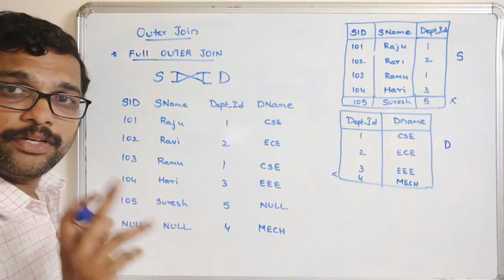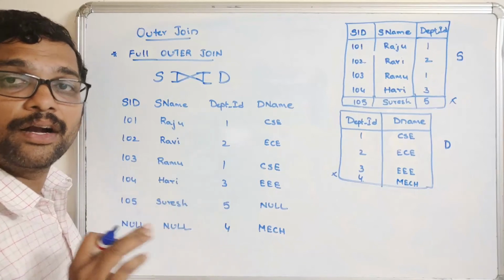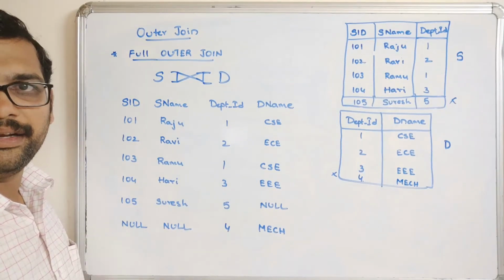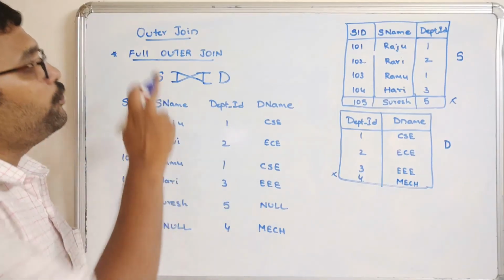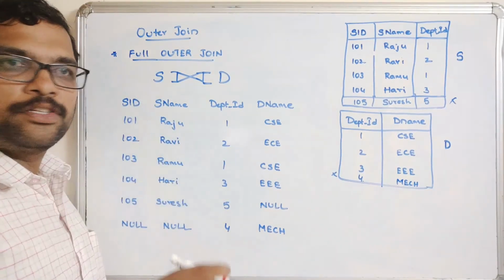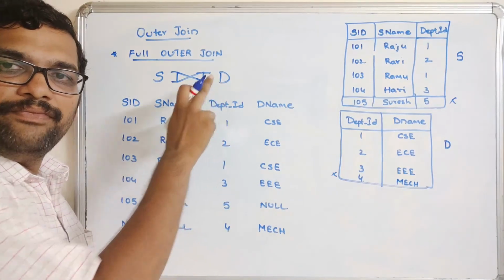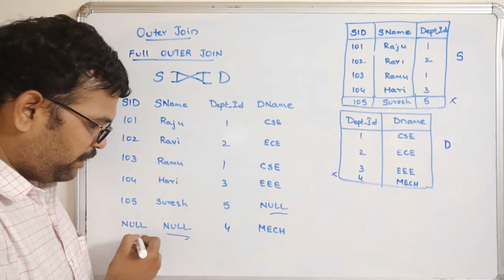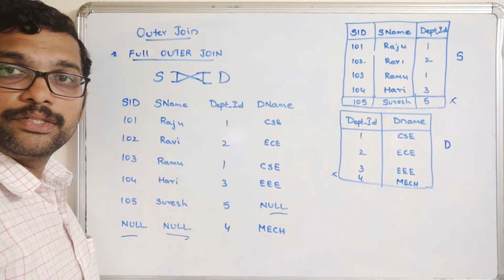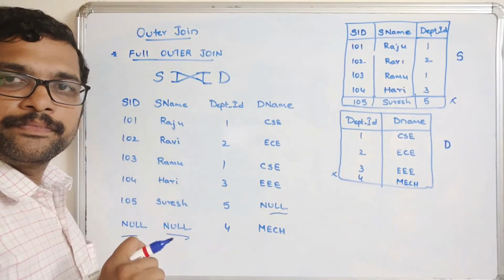If you apply the union operation, it will combine all the tuples of both relations and automatically the duplicates will be deleted. So full outer join means all the tuples of relation S and all the tuples of relation D, and if there is no association, simply pad with null values.